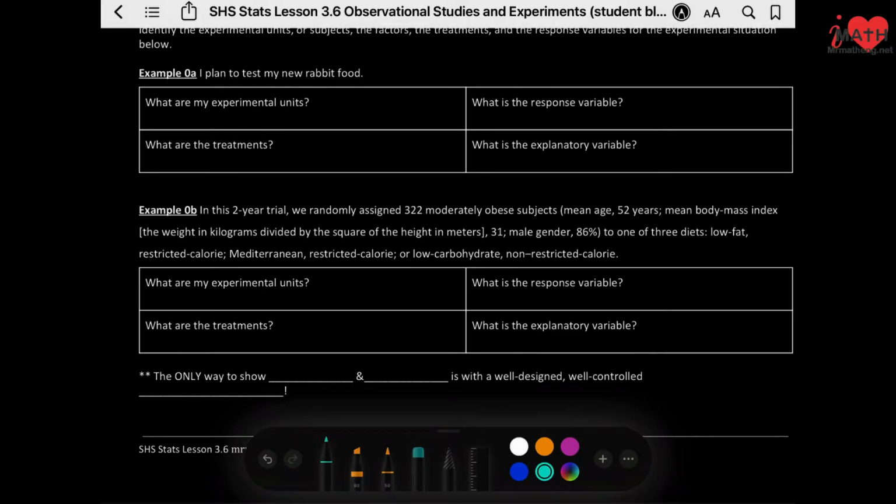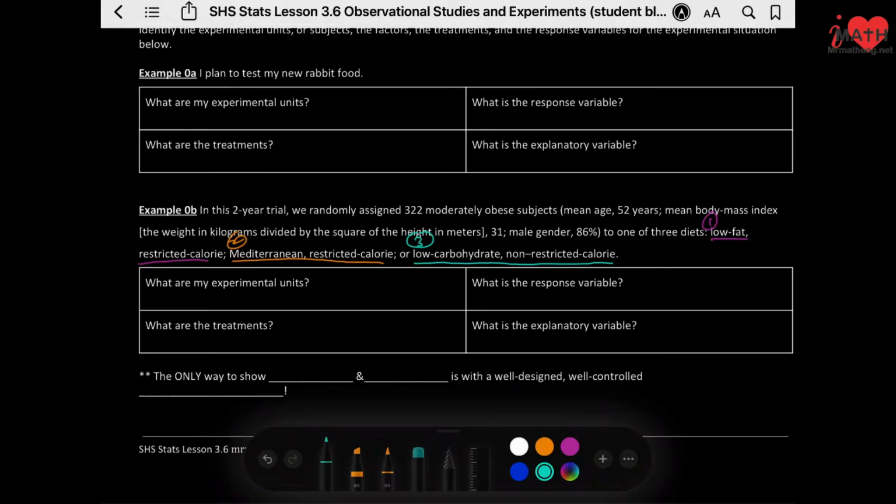And we're giving these subjects one of three diets. Low fat, restricted calorie, that's 1. 2 is the Mediterranean restricted calorie, and 3 is the low carbohydrate, non-restricted calories, okay?